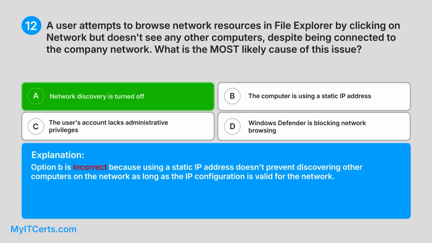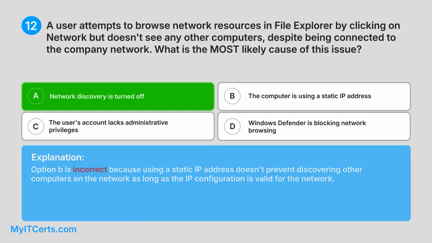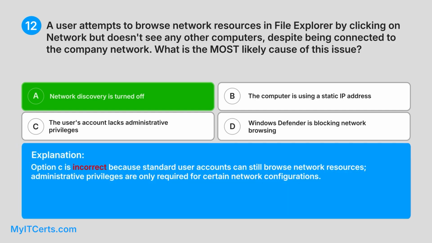Option B, the computer is using a static IP address, is incorrect because using a static IP address doesn't prevent discovering other computers on the network, as long as the IP configuration is valid for the network. Option C, the user's account lacks administrative privileges, is incorrect because standard user accounts can still browse network resources.